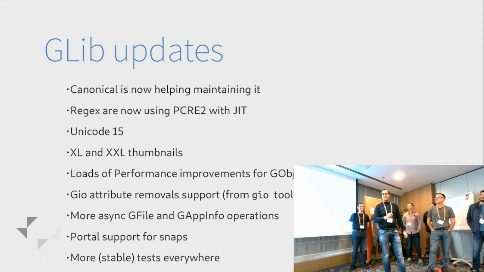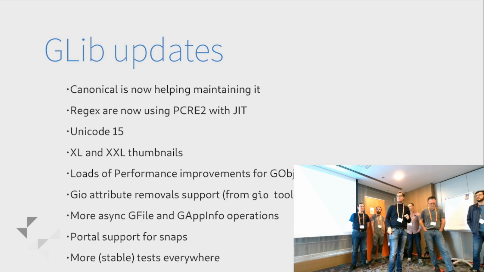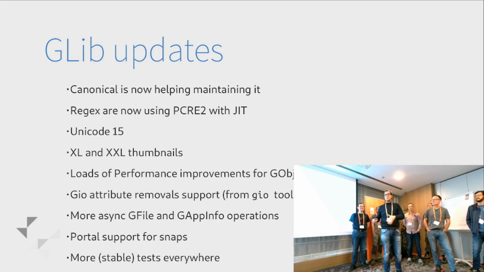And supporting more sizes of thumbnails, with high DPI screens, and all this is done also at GLib level, which is then talking to the rest of the components of the desktop in order to produce our thumbnails.